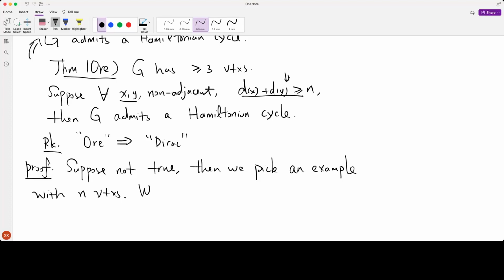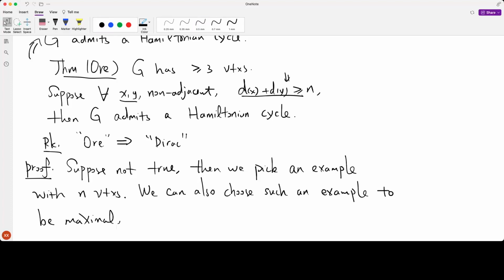We can also choose such an example to be maximum, in the sense that if one adds one more edge to it, then the conclusion will hold.